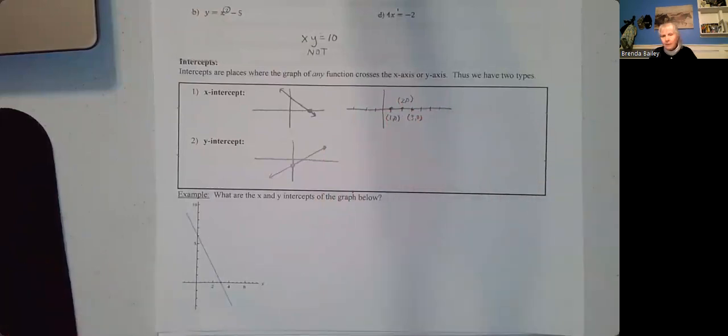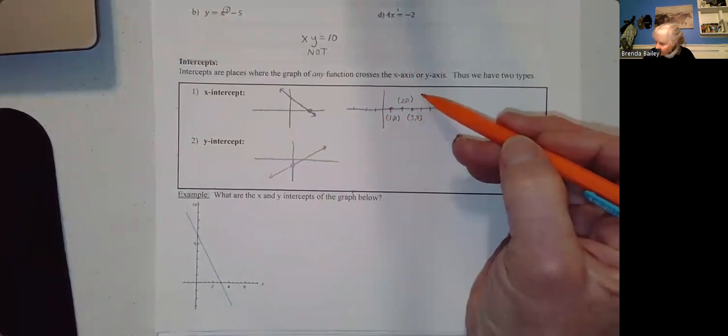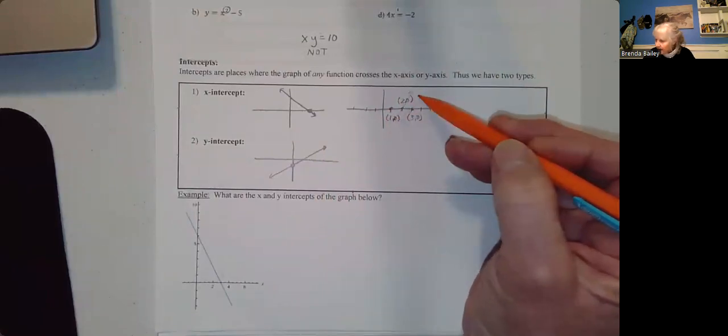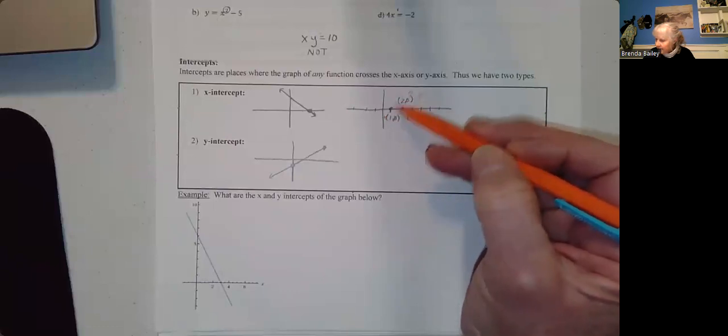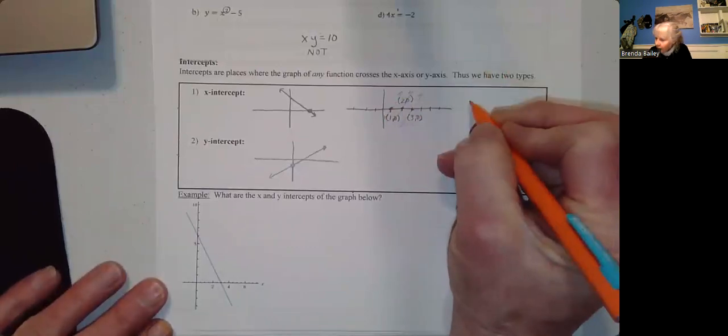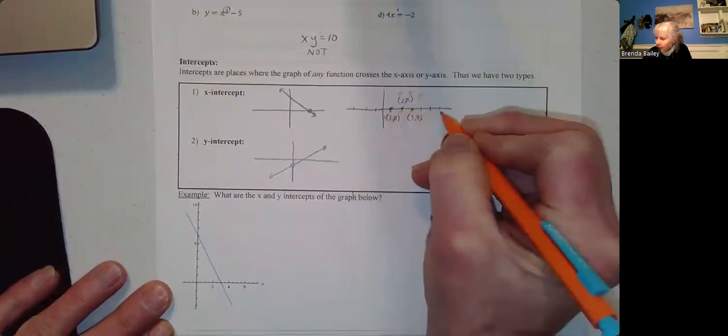And you start to see a pattern within these points where it's hitting the x-axis. Each of these lines is hitting the x-axis. And notice that the y-coordinate is always 0 when it hits the x-axis. So that helps us later on when we're given the equation and not the graph.